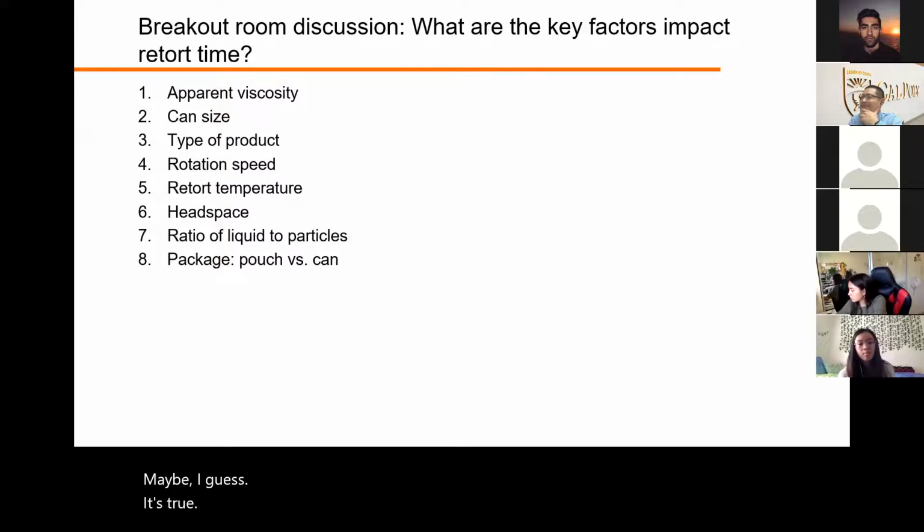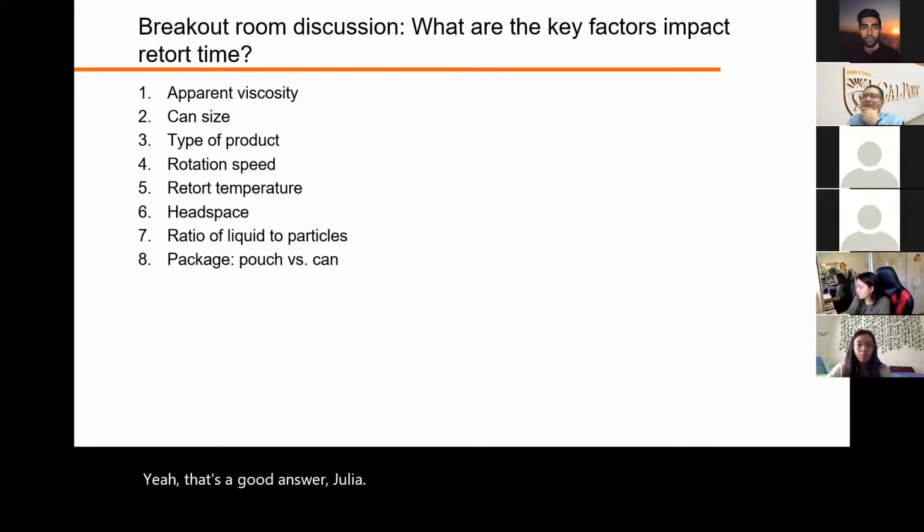I think in my group, not to jump the gun, we talked about solids and liquids. So in the Chef Boyardee example, you have sauce and chunks of pasta, and so obviously that would make it more difficult. Yeah, that's a good answer, Julia.